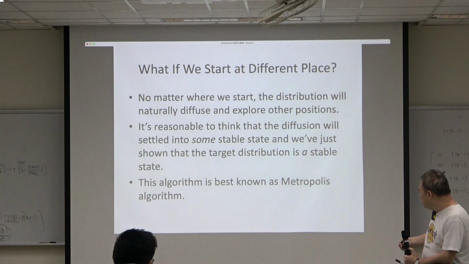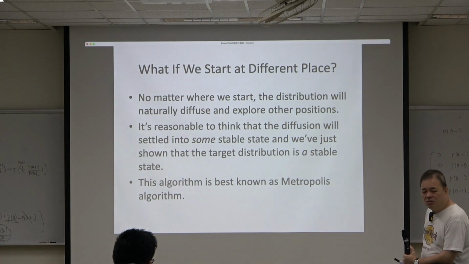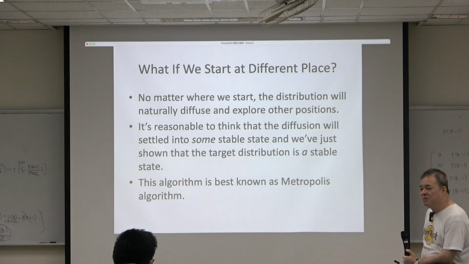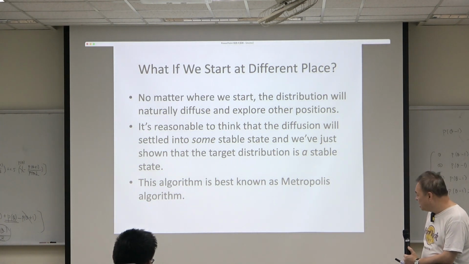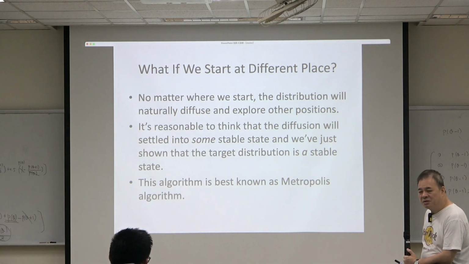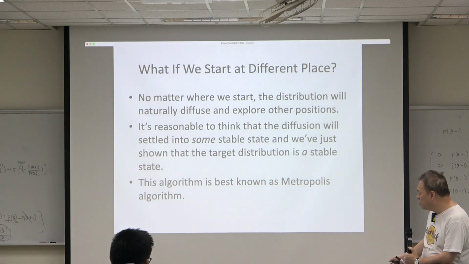If you know English, you will know Metropolis means a big city. But in here, it really just means somebody's name. It just happened to be his name, and this algorithm has nothing to do with a big city.